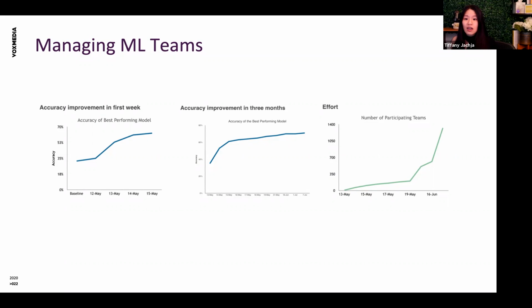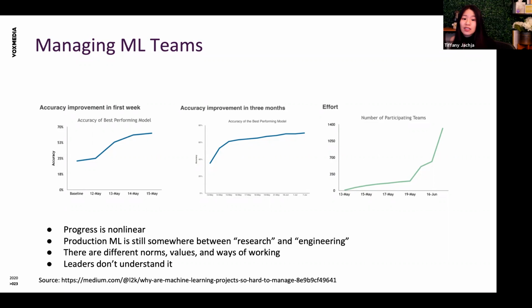And it'll take more deployments and more research to figure out why this is the case and how we can actually make it better. And it's not always indicative of the number of people on our teams helping us. And so progress is really non-linear in this sense. Production ML is still somewhere between research and engineering. It is that back and forth that we have to do.